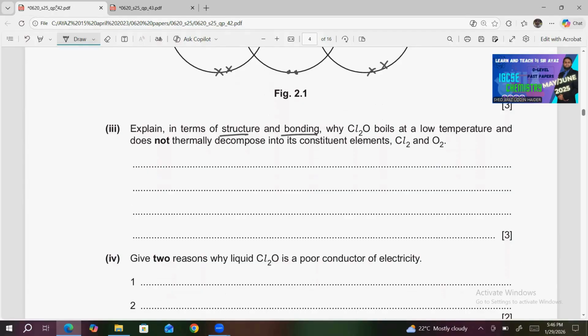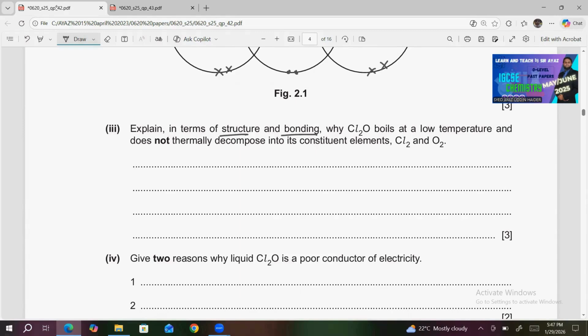Structure is a simple molecule and bonding is covalent bonds. Covalent molecules have weak attraction between molecules. So what's happening during boiling? The force of attraction between molecules is broken.